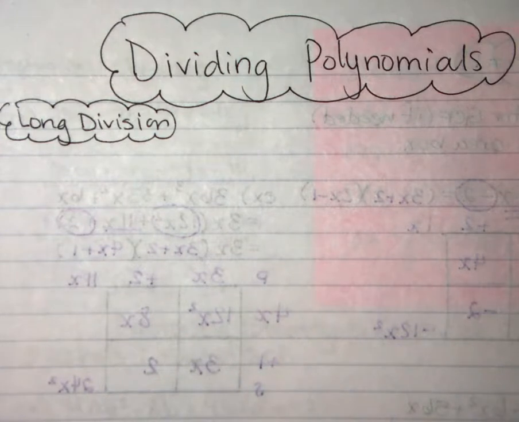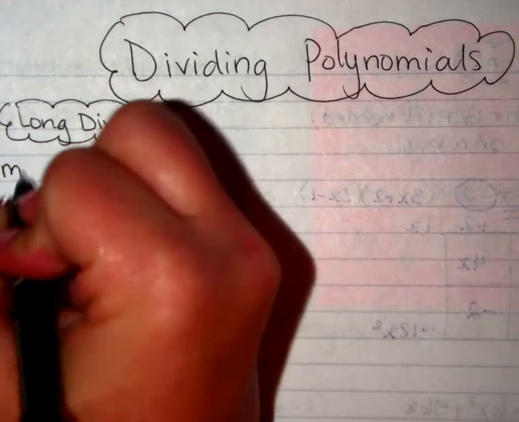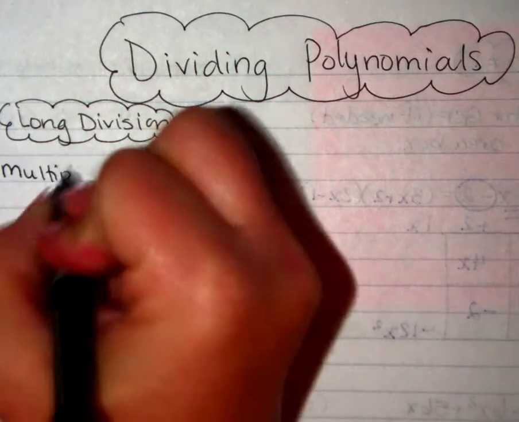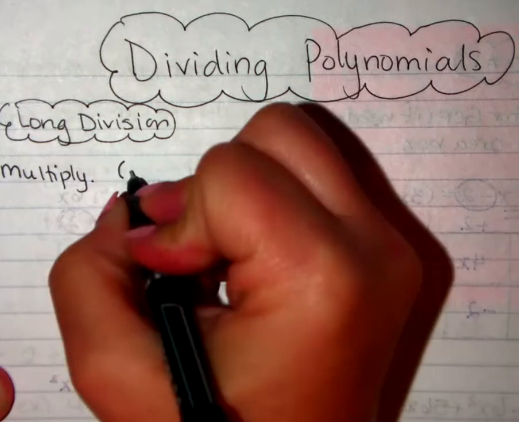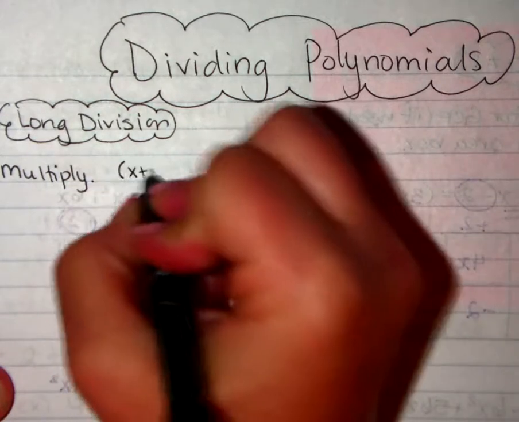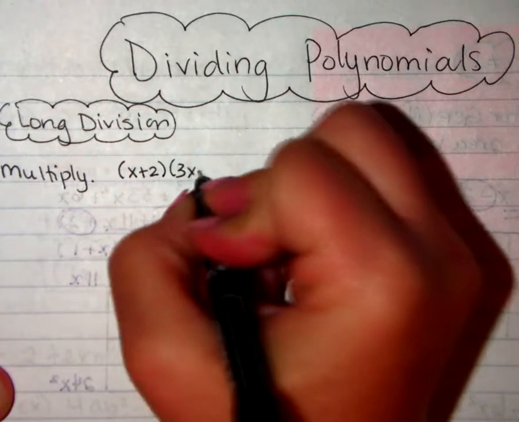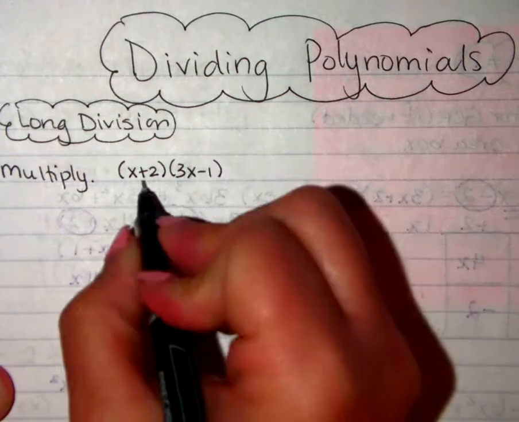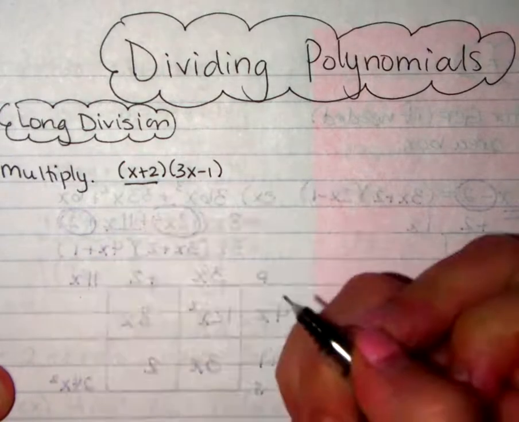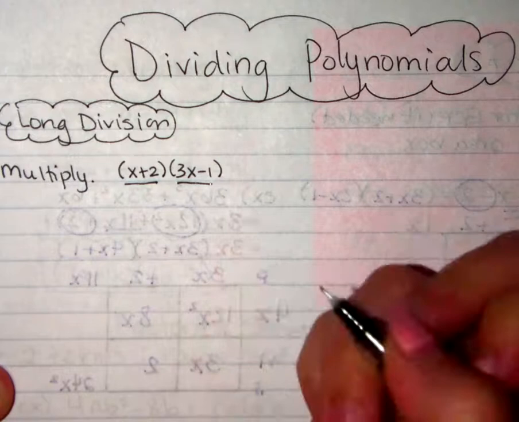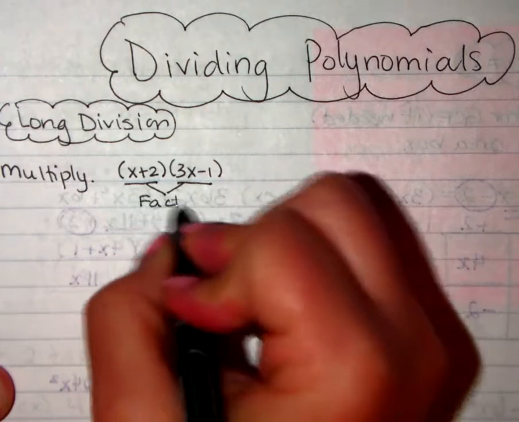So let's just think about terminology. If we were asked to multiply, and I give you the binomials x plus 2 times 3x minus 1, these are called binomial factors. x plus 2 is a factor, and 3x minus 1 is also a factor.